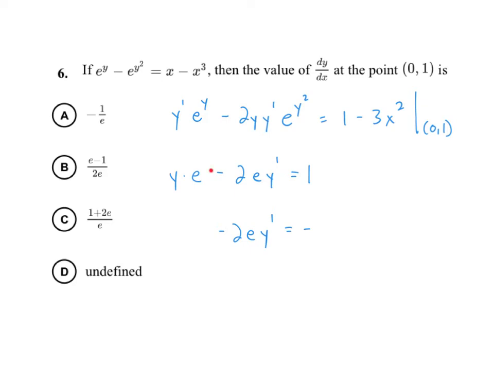I'm going to make that ey. e is a number, so it's like a number times y. The number should go first, but it doesn't matter. Okay, then I'm going to times everything by a negative. And then divide by 2e.